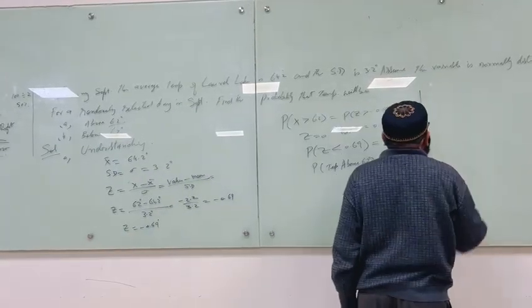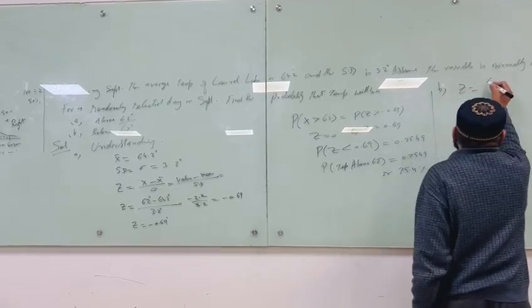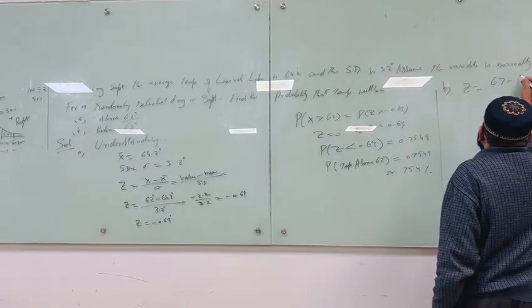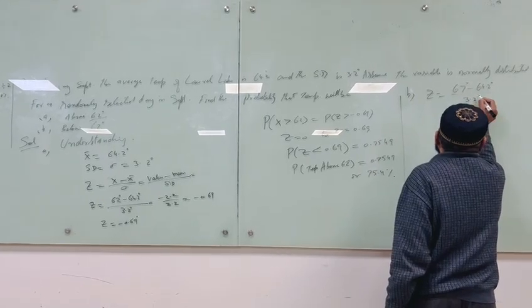Now the B part. Z is equal to 67 minus 64.2 degrees over 3.2 degrees.